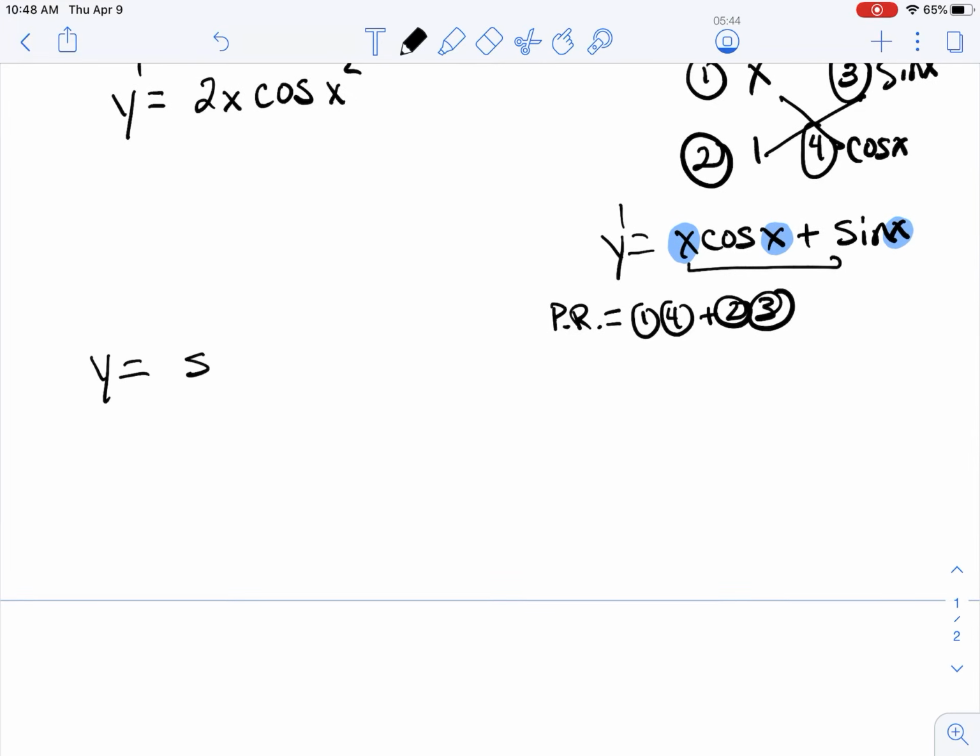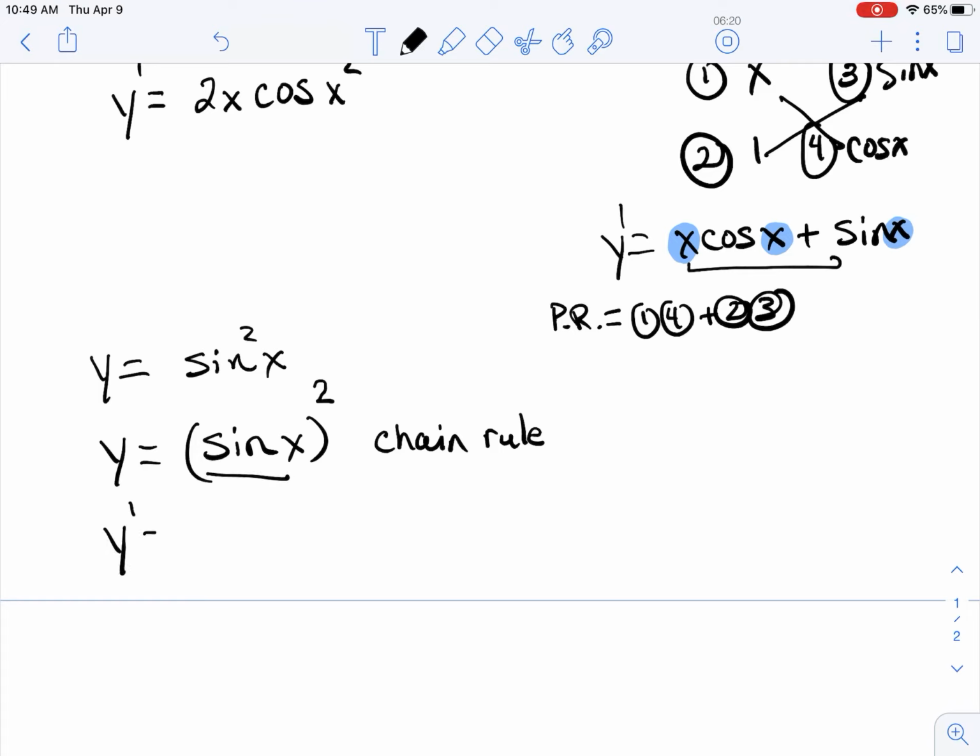How about this one? y equals sine squared x. Okay, so when we look at this right here, I'm not going to take the derivative yet. This right here is actually another way of writing y equals sine of x, the whole thing to exponent 2. Once we rewrite it like that, this one is set up for the chain rule.